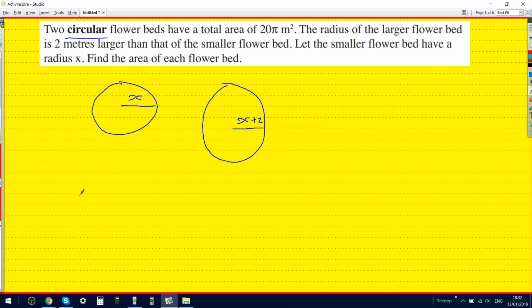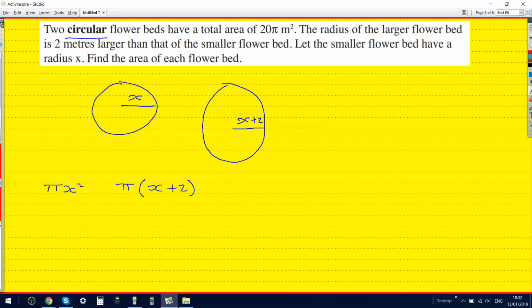Okay. So the first one would be pi x squared. Yeah. Yeah, okay, so pi x squared, and the second one would be, yeah, that's what I got. So it would be pi times x plus 2 squared.